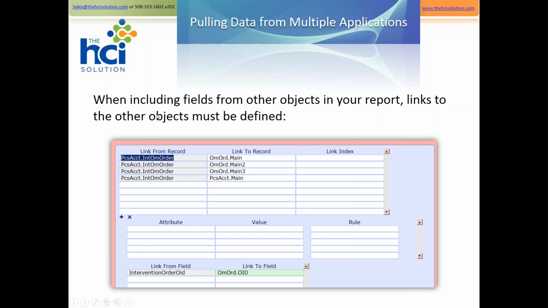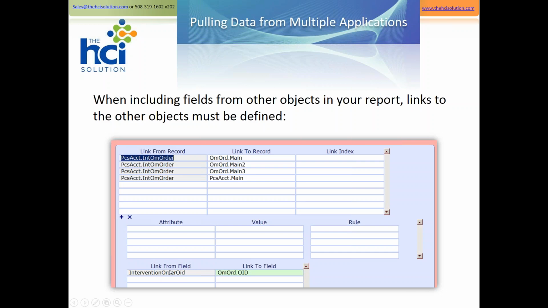And a lot of times a report designer is able to do this automatically, where because all these links are defined in the data definitions, a lot of times it can pull in this data automatically. And that's what it did here on this screenshot that I have. You can see that the record, PCS account, intervention, OM order is linked to the OM order main record, and it's linked by this field.